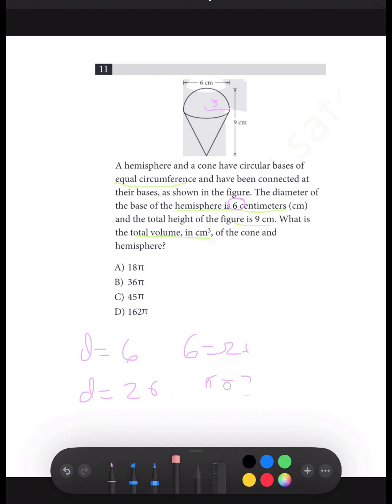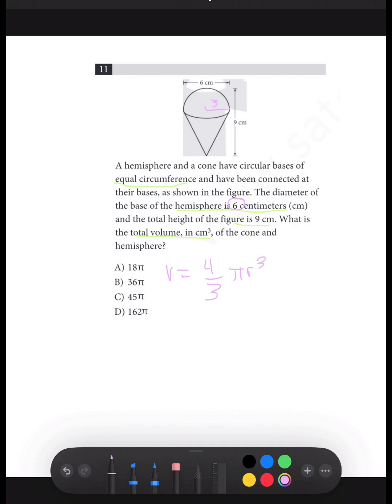Now, let's find the volume of the hemisphere. So the volume of a sphere is 4/3 pi r cubed.